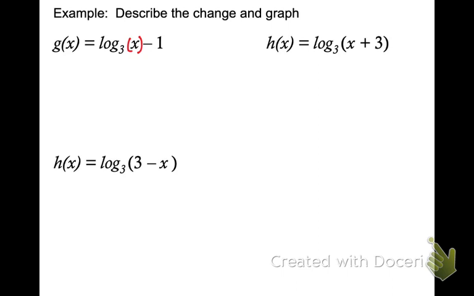It's K. So the point we were moving was 1, 0. And now it's going to be what? 1, -1, because it's a K. So it'd be 0 minus 1. So it means everything moved down.